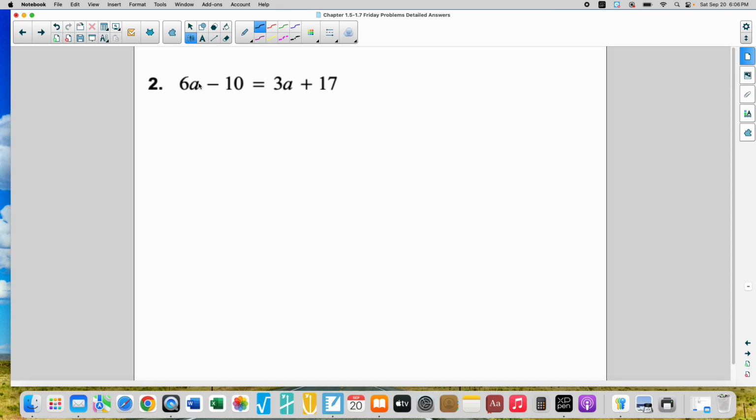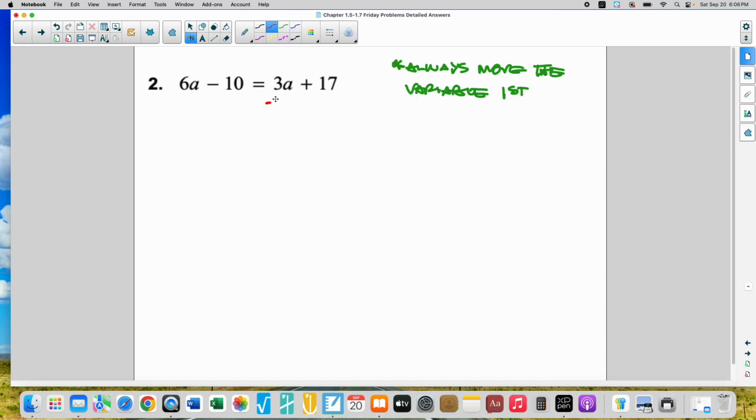Here we have not only variables on both sides, but we have constants on both sides. Always move the variable first. And I think we might see the reasoning behind that in these examples, so we'll see.